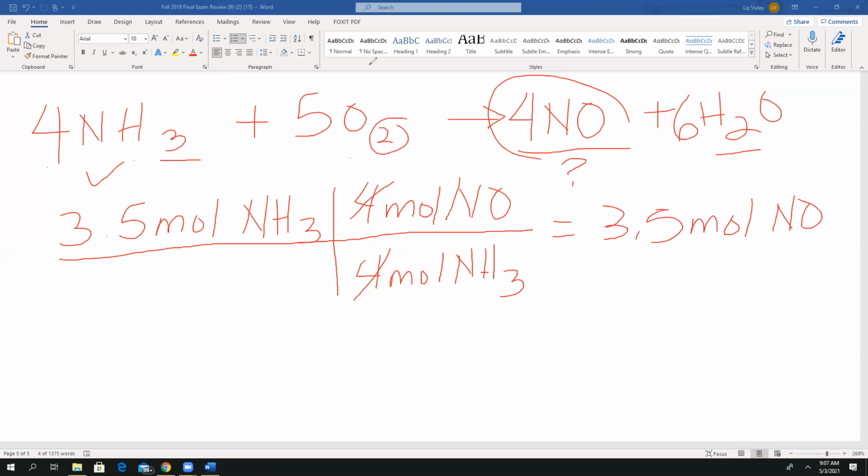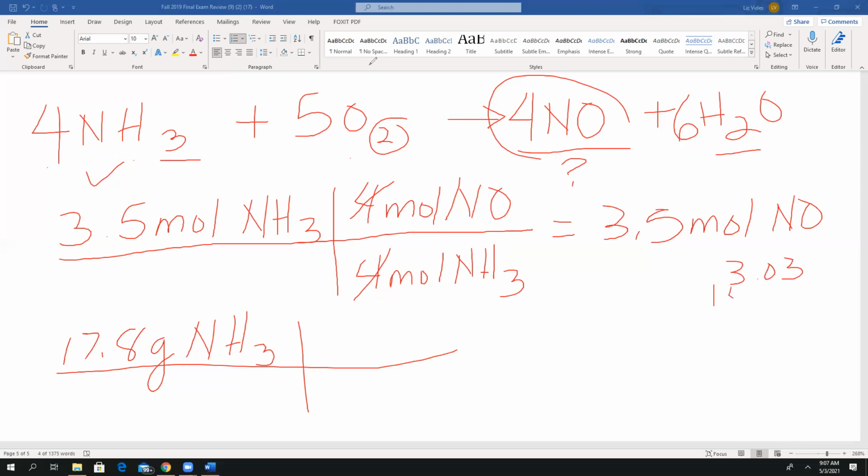Now, what if they had given us 17.8 grams of ammonia? And they asked us how many grams of NO are we going to get? Okay, so once again, we first need to do molar mass. And in this case, it's easy because it's 3 hydrogens, so that's 3.03.